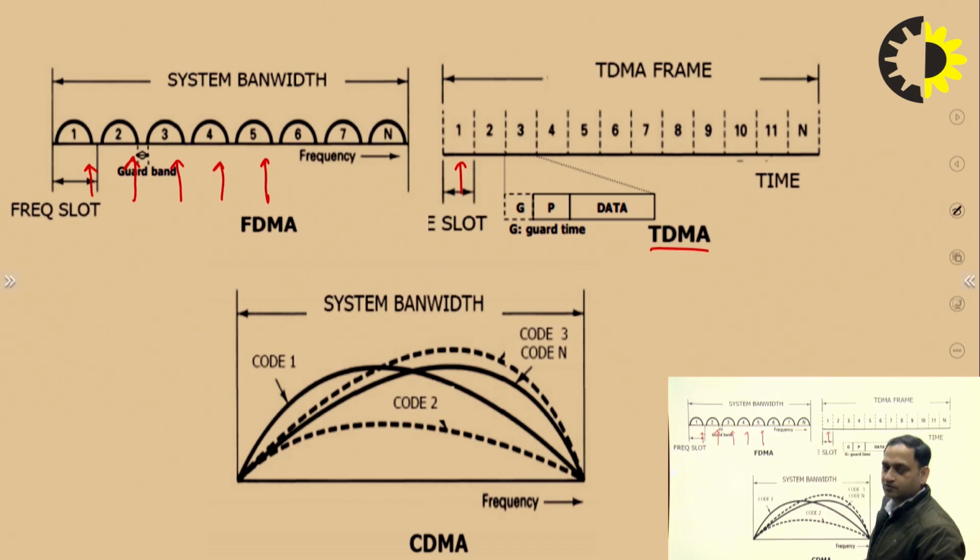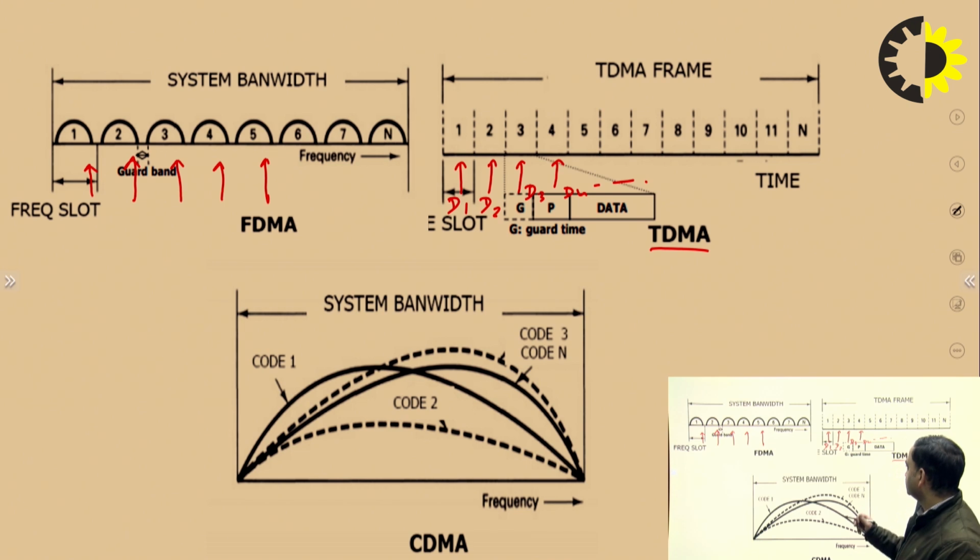Suppose time slot 1 transmits data 1, time slot 2 transmits data 2, time slot 3 transmits data 3, time slot 4 transmits data 4, and so on. Each slot contains the payload, the main informative data which is transmitted in the slot.